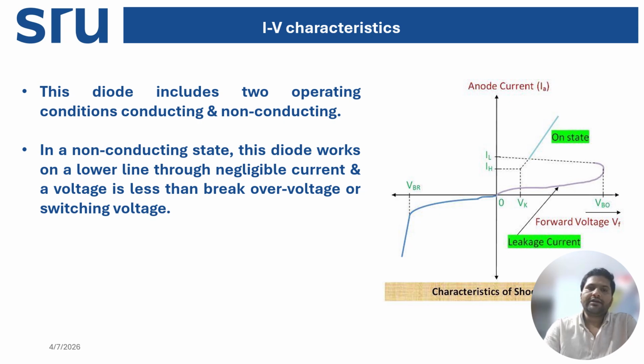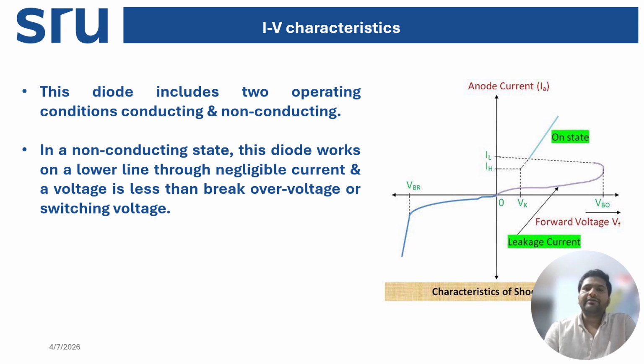Now the conducting region, that is the on state, reflected in that picture. The diode conducts heavily. The voltage across the diode drops to a lower voltage, that is Vk. The device behaves like a closed switch.